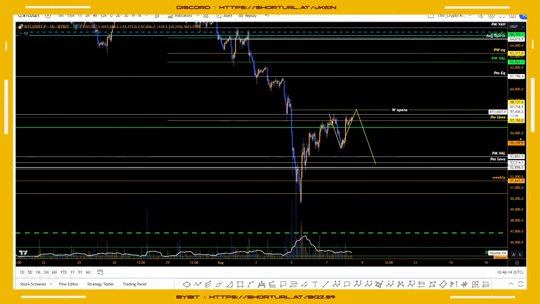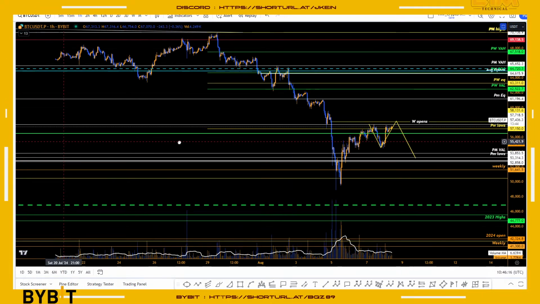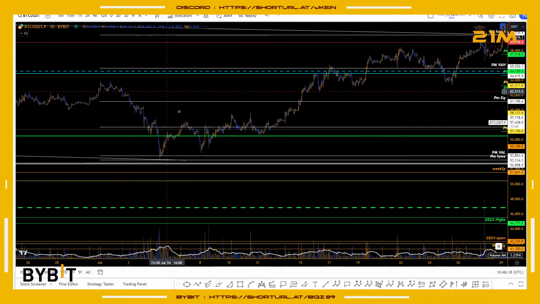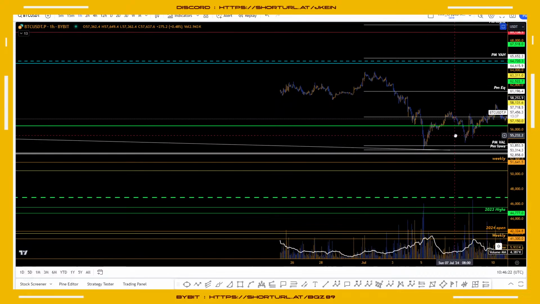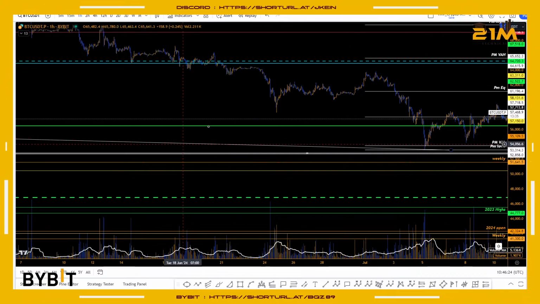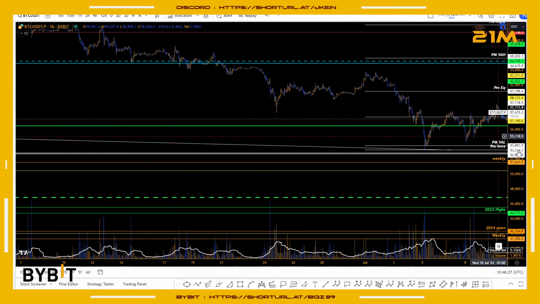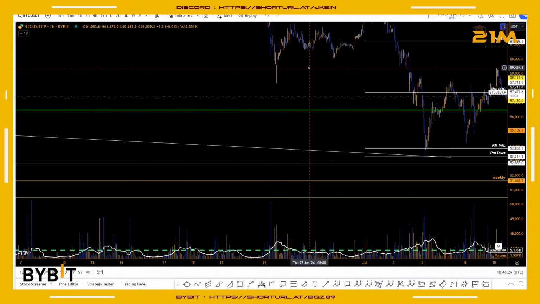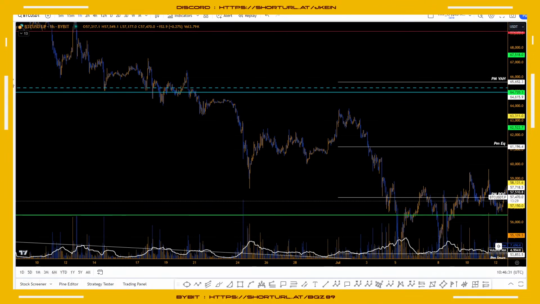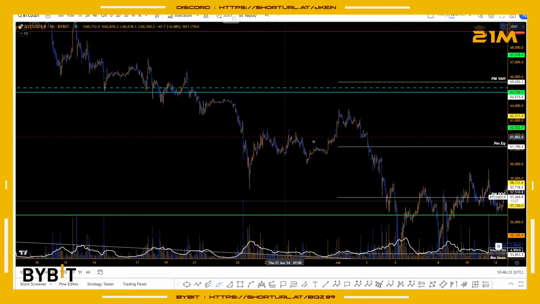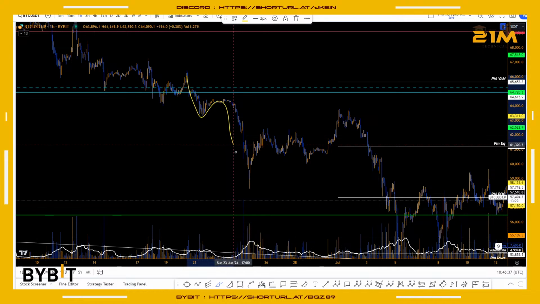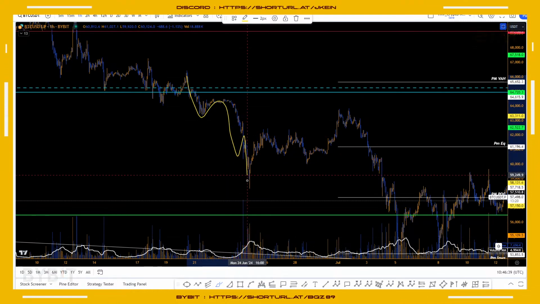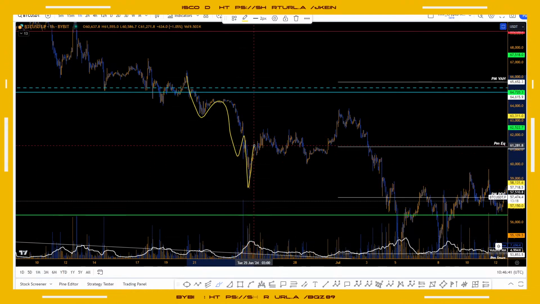And why do I think this sort of PA is likely going to play out? Because I have seen a very similar PA play out on Bitcoin historically. If you look at the similar structure we had over here, we got a sharp move on the downside, a pullback, a very massive dump, followed by a V-shaped recovery.